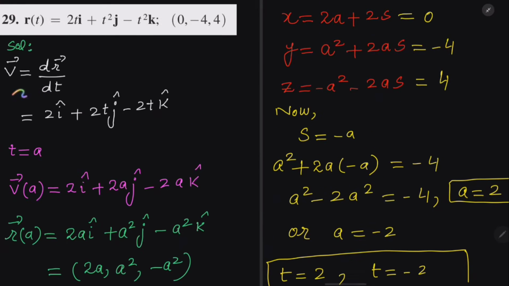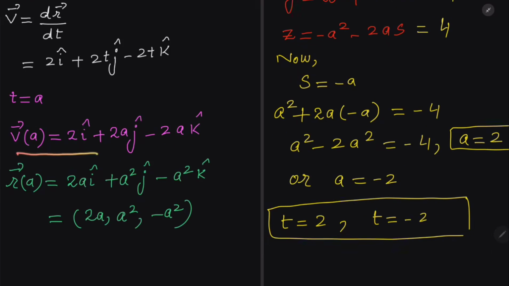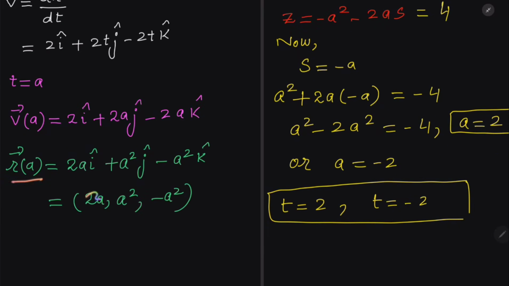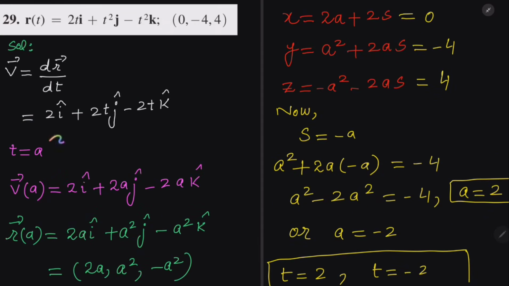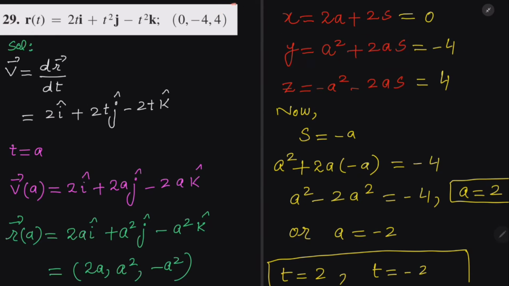Question 29, the same thing. Differentiate first so that you can reach the parametric equation. t is equal to a, velocity is given at t is equal to a, position is given at t is equal to a, and t is equal to a is our unknown point that we need to find. We have written the parametric equation, and these are equal to the given point.